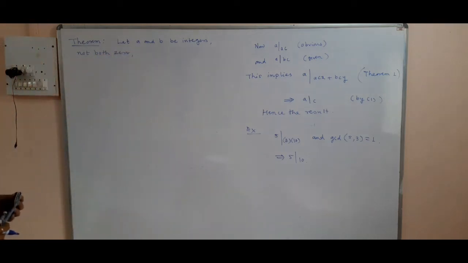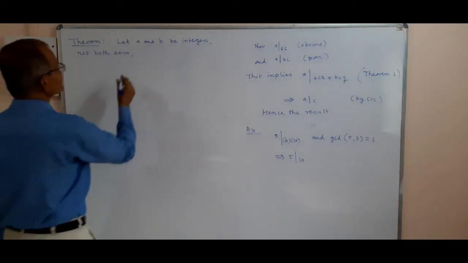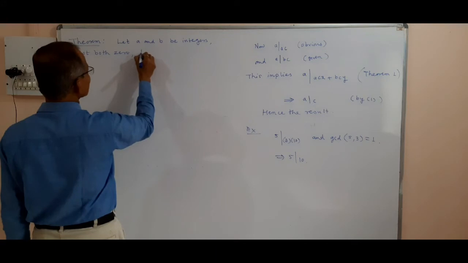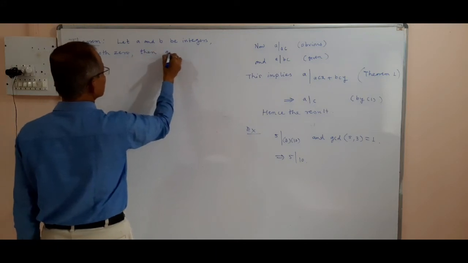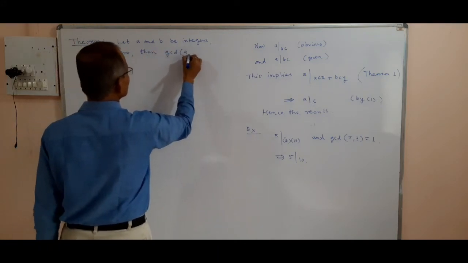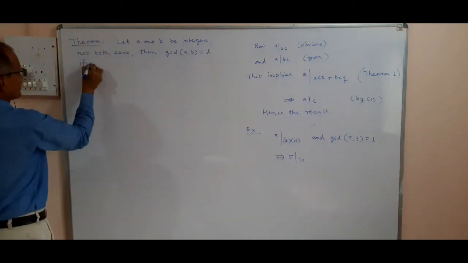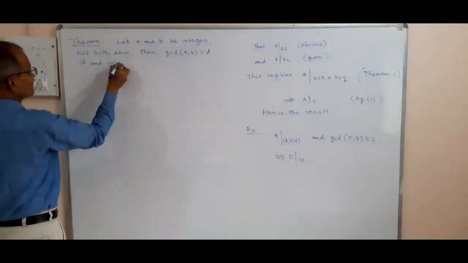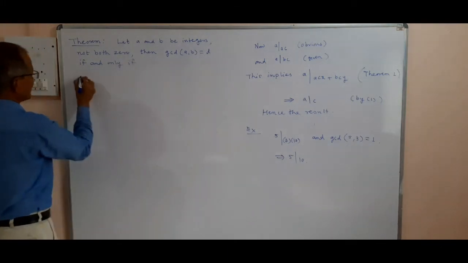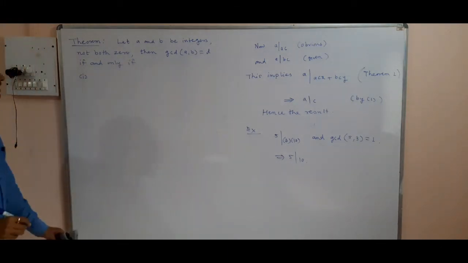Then GCD of A and B is equal to D if and only if there are two conditions.